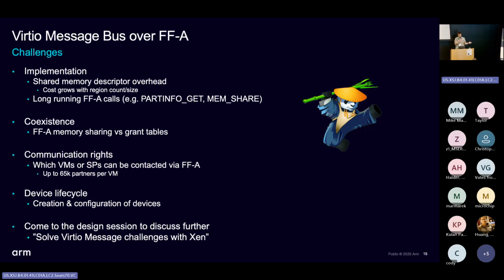So right now, if you look at the current implementation of FFA, for example, I'm limiting the number of shared memories that can be created between two VMs and the number of pages that can be included in those shared memories. This works for now, but if we want to have a full Virtio solution, we will need to find a way to modify the implementation so that we can have more shared memory, so that we can allow more Virtio use cases.